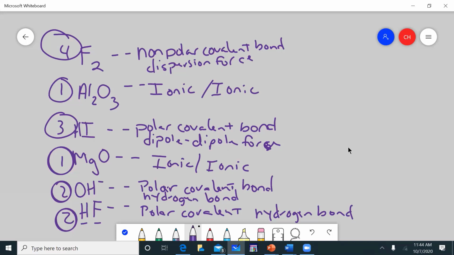We only use polar and nonpolar when we're dealing with molecular or covalent bonds. So we don't classify this as polar. It's only when it's between two nonmetals that we use the polar and the nonpolar description.